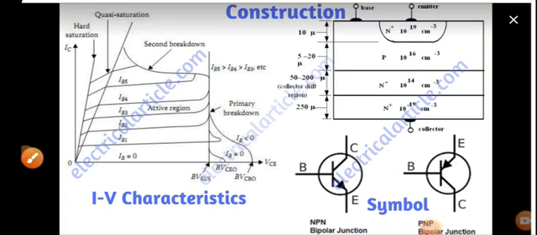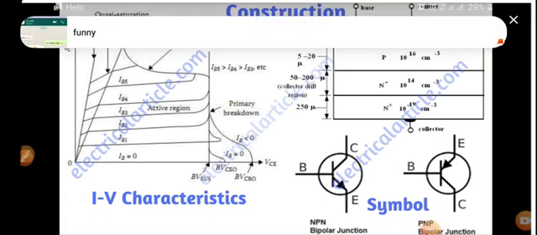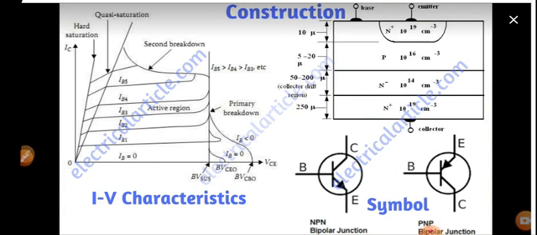Hello students, now we can see the VI characteristics of the power BJT. In the previous class we went through the structure of the power BJT.